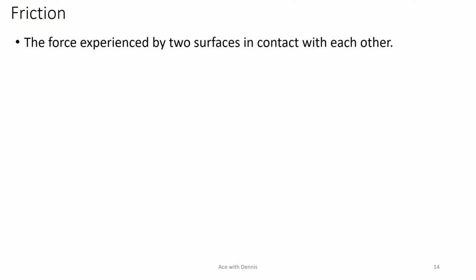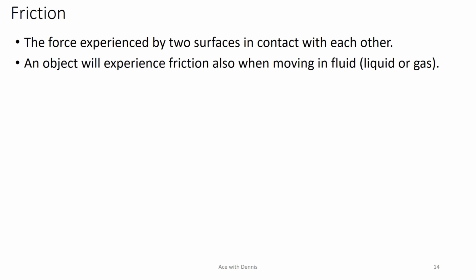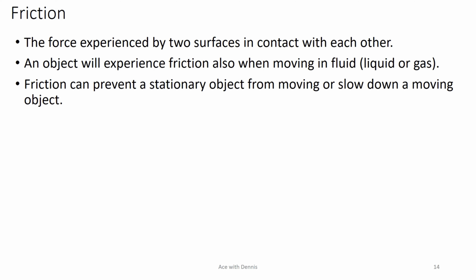Friction is the force experienced by two surfaces in contact with each other. An object will experience friction also when moving in fluid, liquid or gas. Friction can prevent a stationary object from moving or slow down a moving object.